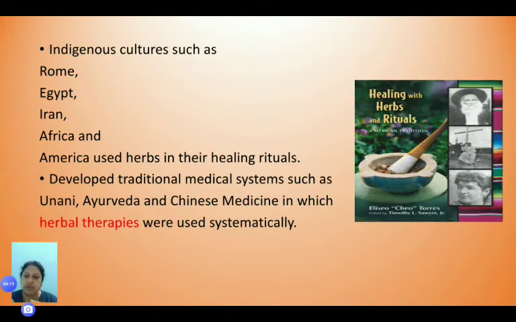In India they followed Unani, Ayurveda, and even Chinese systems. You can see in the book Healing with Herbs and Rituals, based on the Mexican tradition. Like this, many books were also published. All these give us the evidence that they were being used for medicinal purposes.